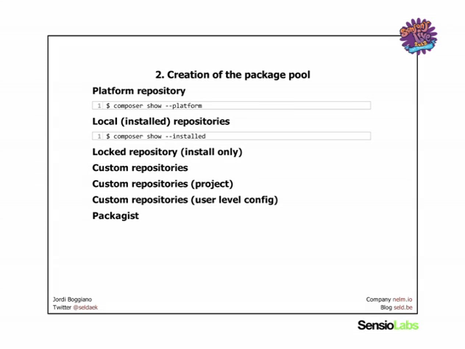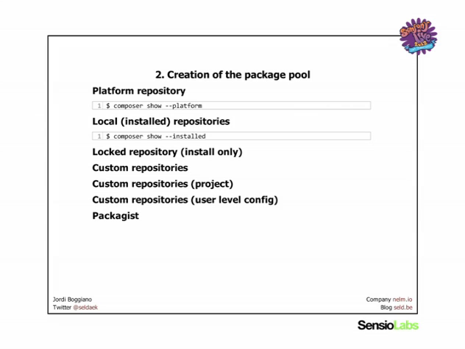So afterwards, we load the local repositories. Those are what is installed on your project in the vendor dir. You can also just use the show command there to quickly see which exact versions of everything you have.